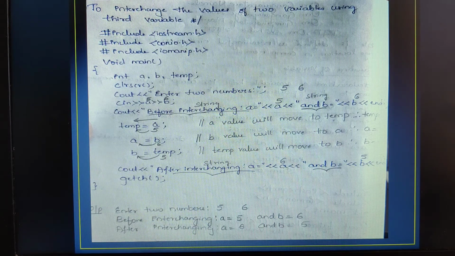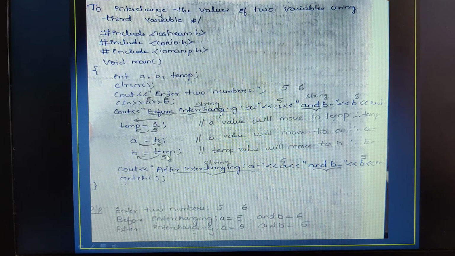This is nothing but tracing how the values are moving from one variable to another. Therefore I have used the third variable here. Initially the value of a is moved into the new variable, that is the third variable, then the value of b is moved into a, so that a will rewrite its contents and hold b. Then what is there in temporary?